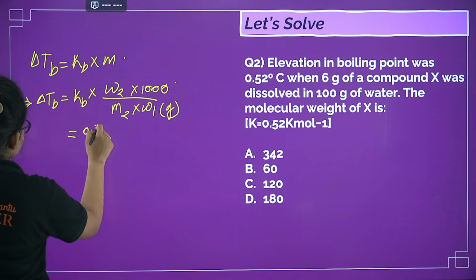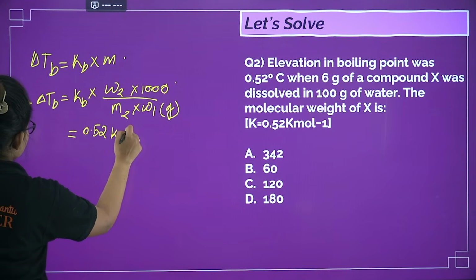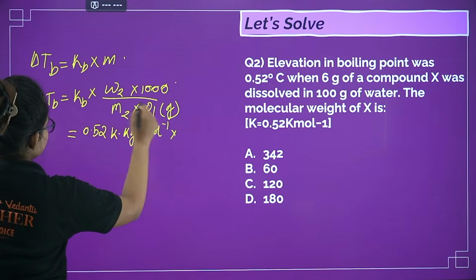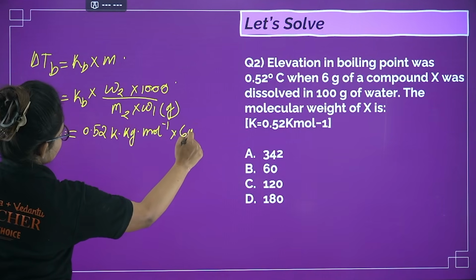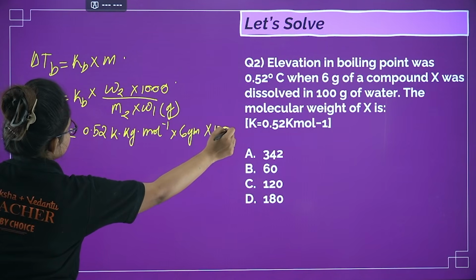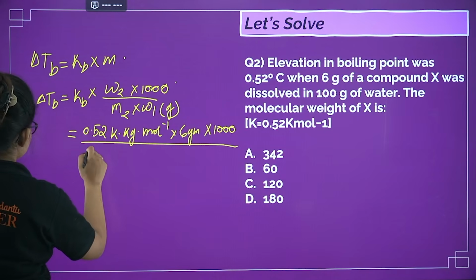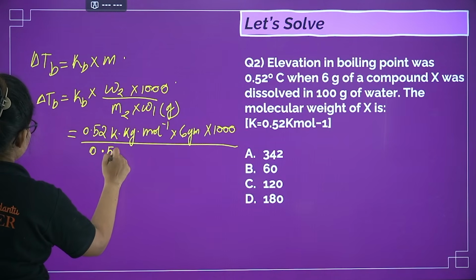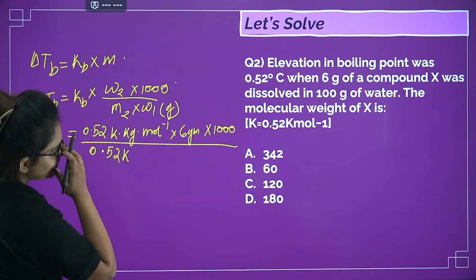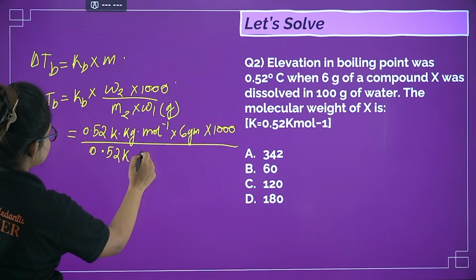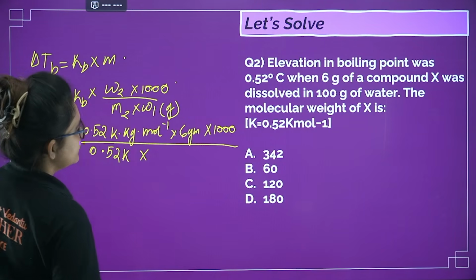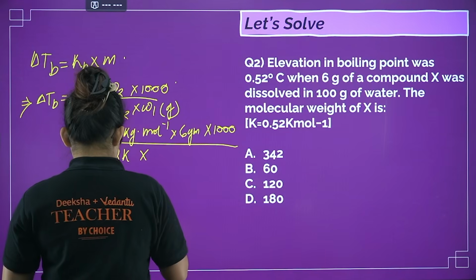Now let's put in the values. 0.52 Kelvin kg mole inverse into W2. W2 is 6 gram, into 1000, divided by 0.52 into, okay. Next we will proceed with W1. W1 is here 100 gram.